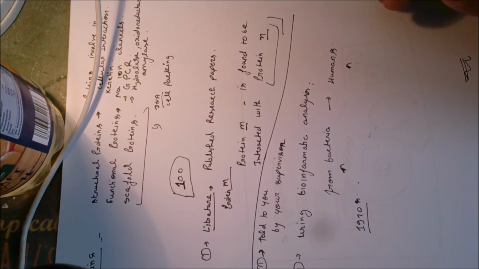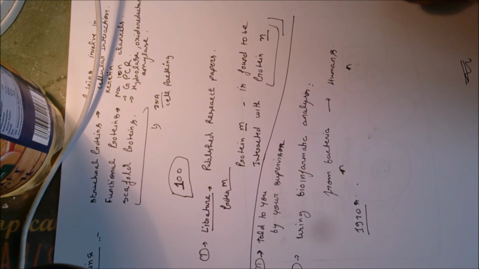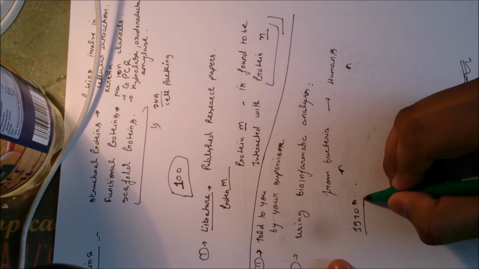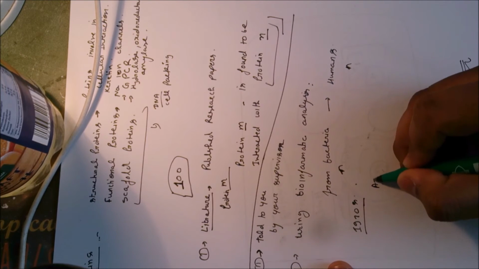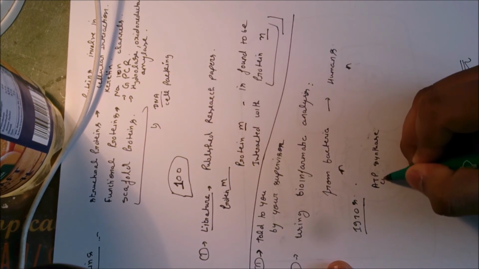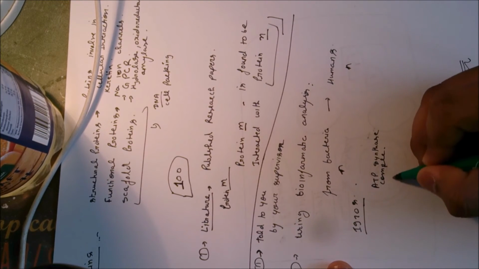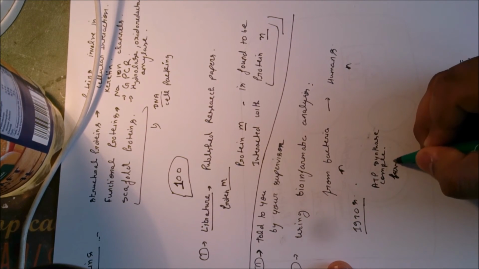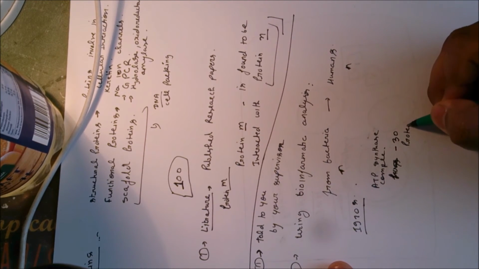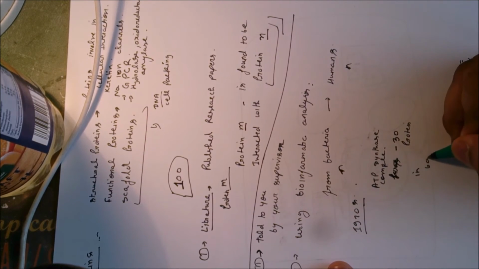Does the human actually have those proteins which the bacterial ATP synthase complex has or not? So this is a situation, right? And now we know that the ATP synthase complex has roughly 30 proteins in bacteria.